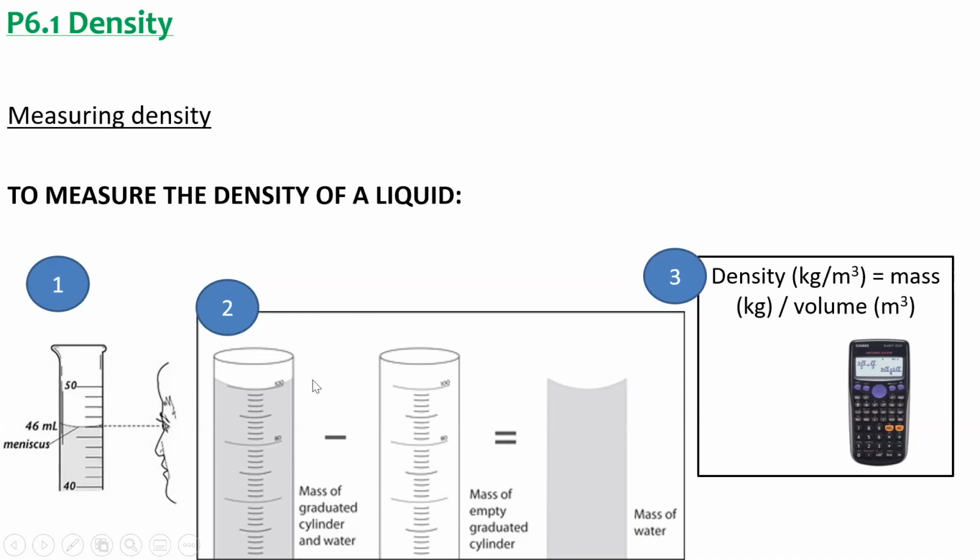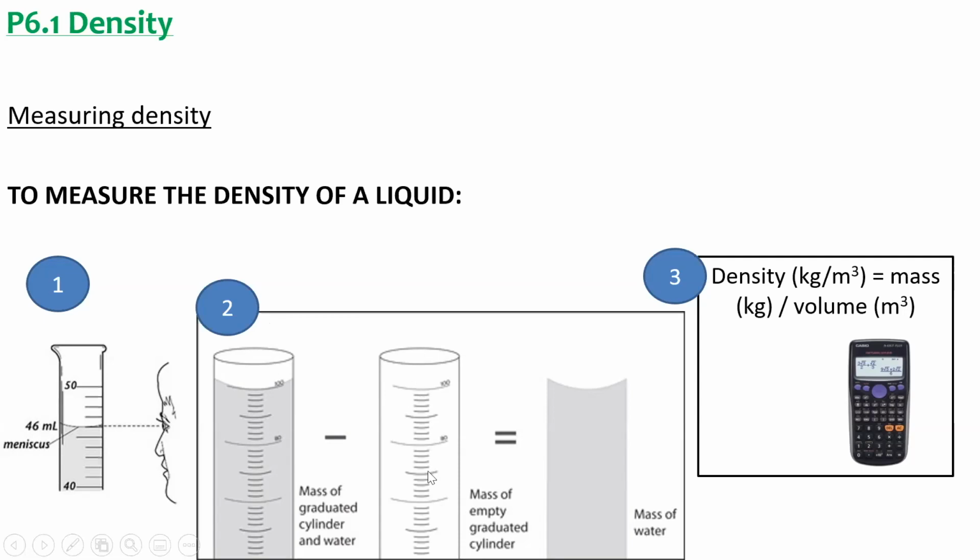To find the mass, we could do it one of two ways. So you put the liquid and the cylinder on the balance, and then you pour the liquid out and look at the mass of the graduated cylinder and take it away from that to find the mass of the water or liquid.